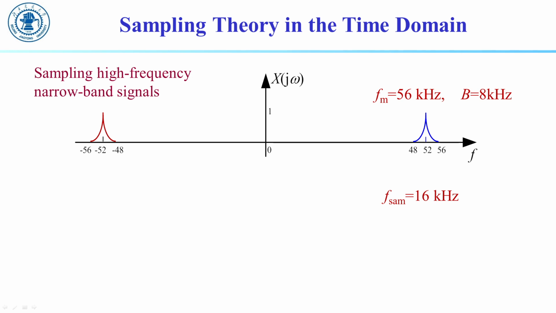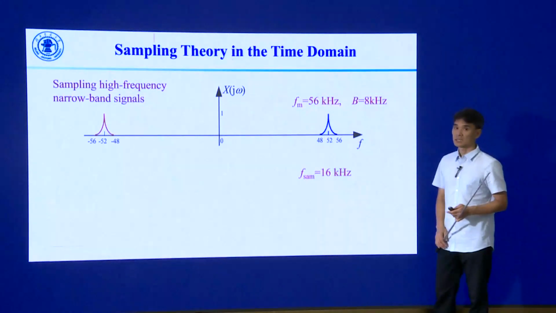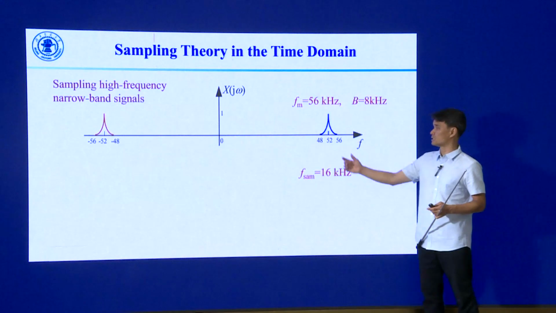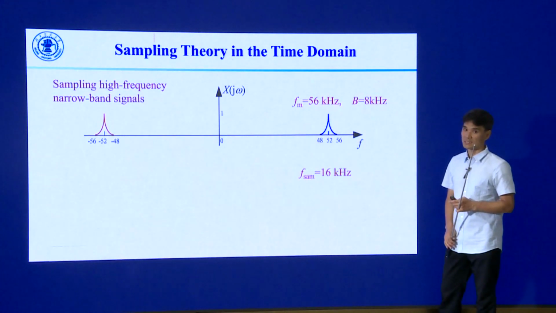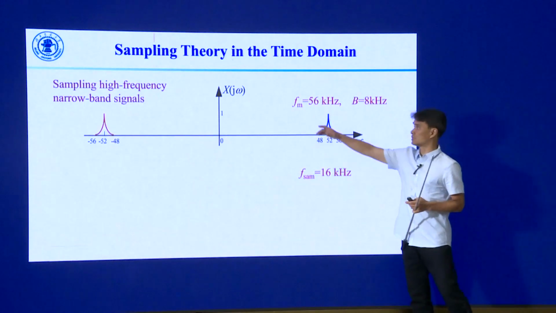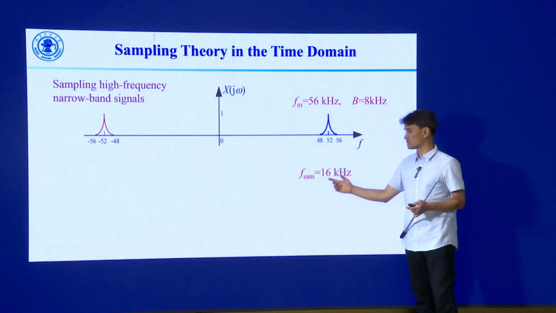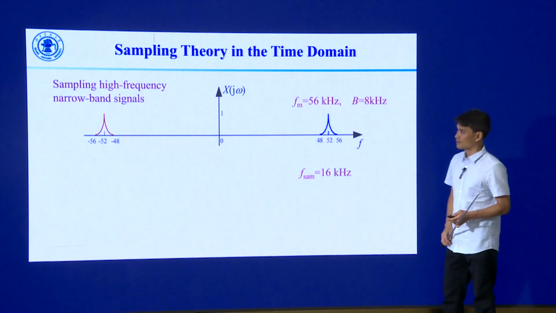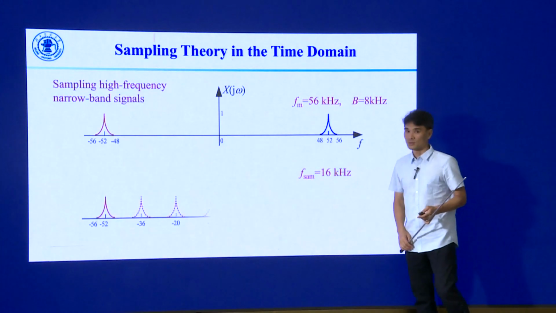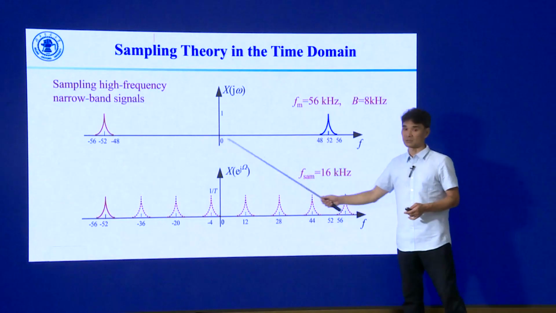Here is one example. For this signal, the highest frequency is equal to 56 kilohertz and the bandwidth is 8 kilohertz. What if we sample the signal at less than twice the maximum frequency? For example, if we sample it at 16 kilohertz, we will have to periodize the original signal spectrum.